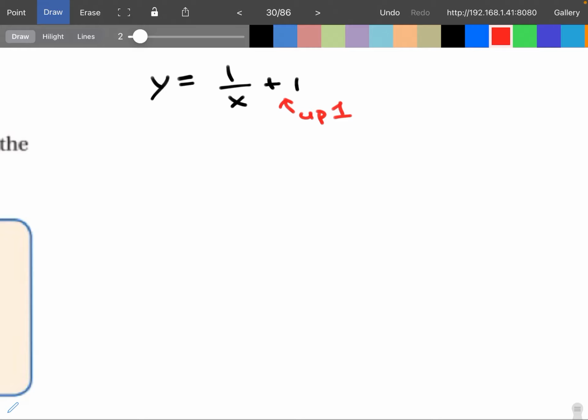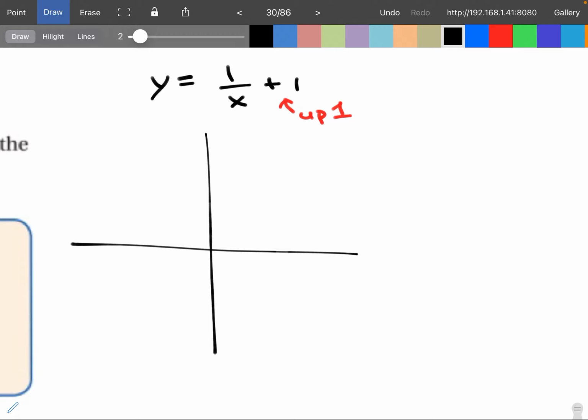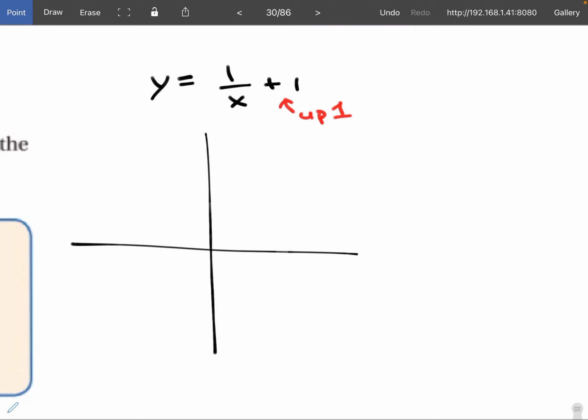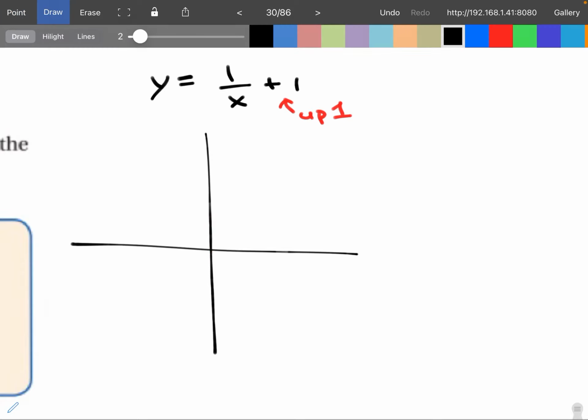All right, so then we're just going to take our basic graph again, which is our y equals 1 over x, and we're just going to shift that up 1. Well, if we're going to shift it up 1, we're basically going to take that point where the two asymptotes crossed right here at 0, 0, and shift that up 1 unit. So at 1 now, we are going to have our horizontal asymptote.